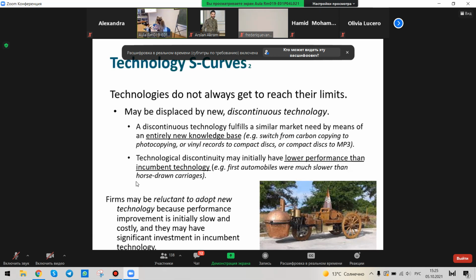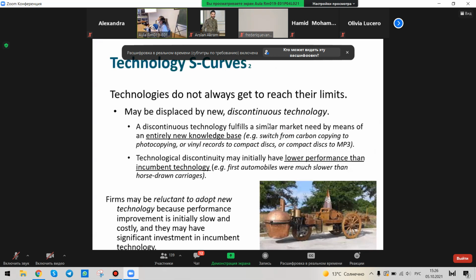We already saw this picture yesterday, because, as with all ideal and theoretical representations of a phenomenon, this representation is not always true, because not always do technologies reach their limits. So we can also have something that is called discontinuity or discontinuous technology.